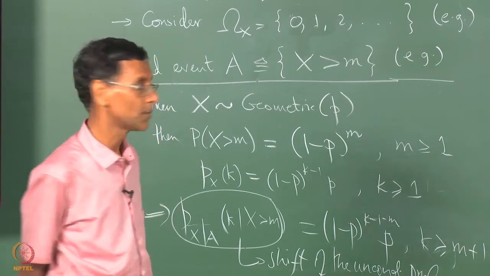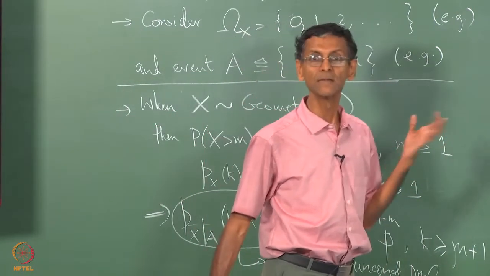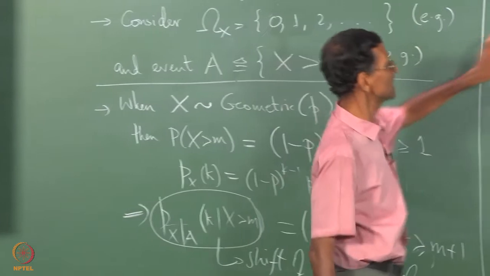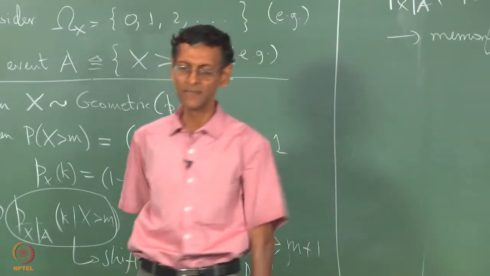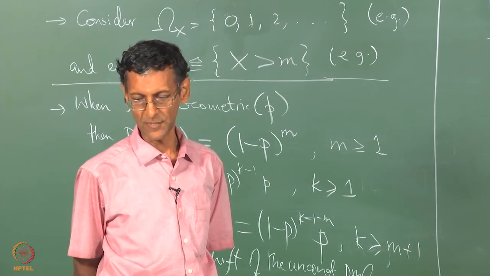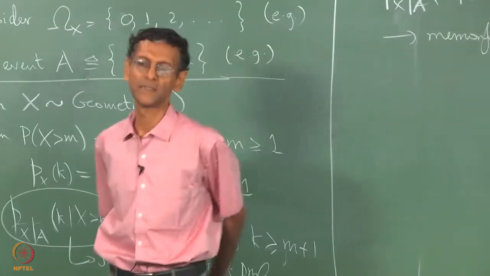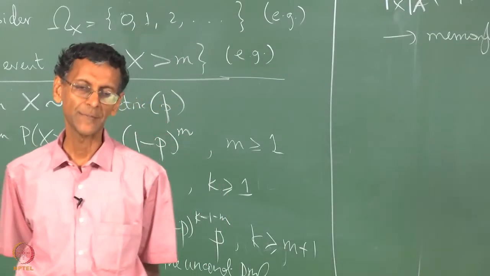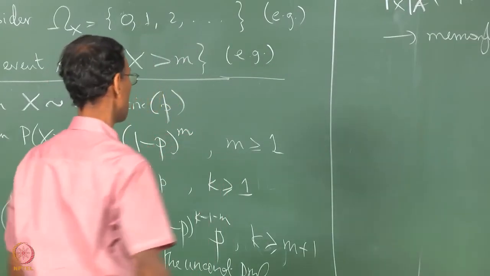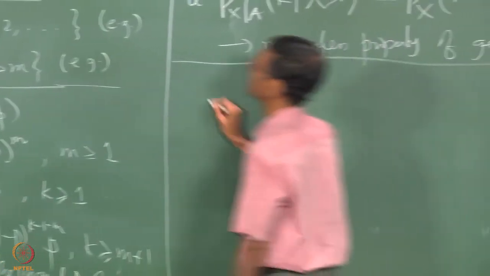Is this clear? Just remember this one line tells you everything about this particular feature of the geometric PMF, and it is not shared by other discrete PMFs. In particular Poisson, as an example, we will look at that also.